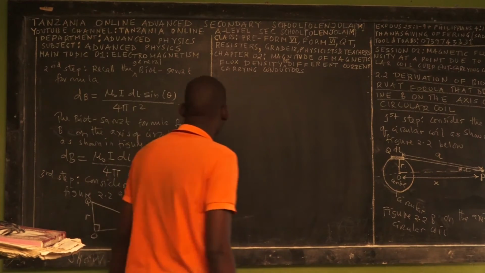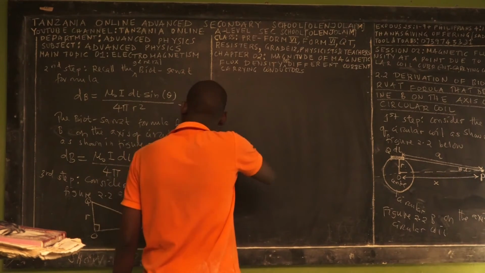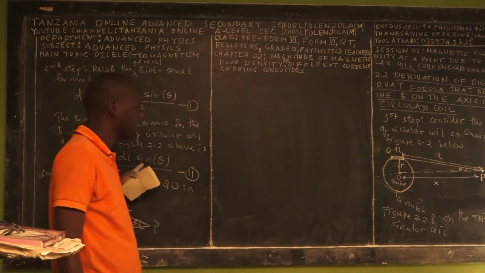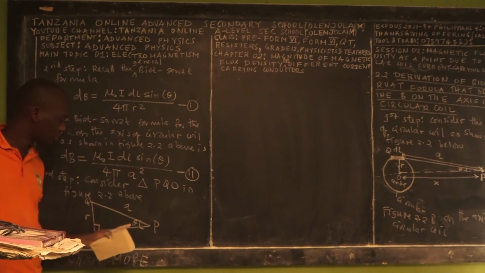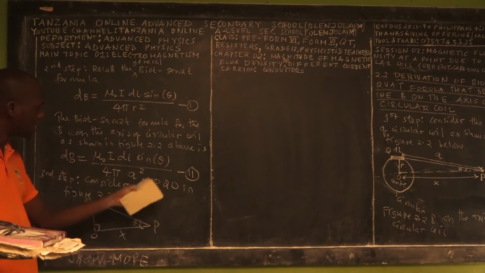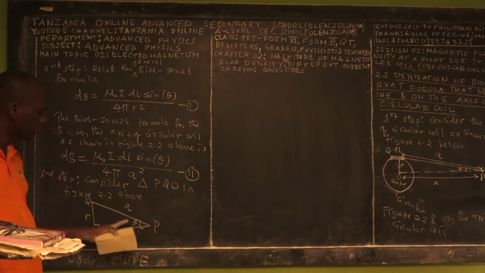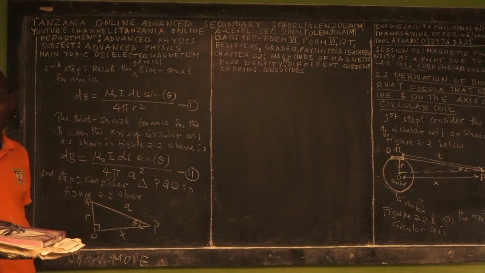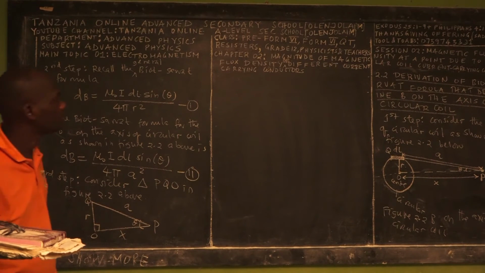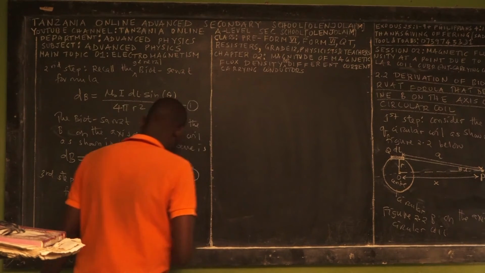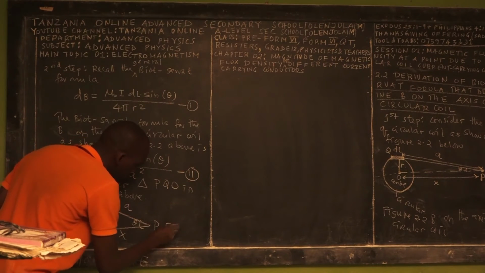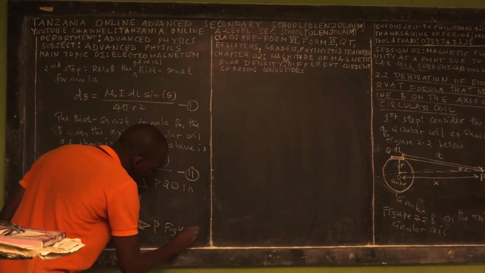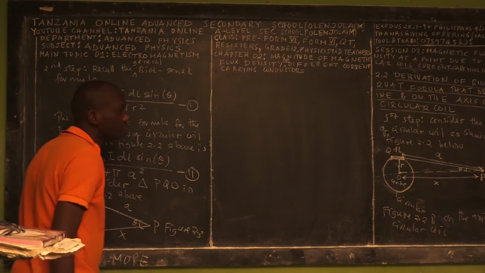Okay, so in the general formula we have sine of angle theta. This right angle triangle can help us to know the angle theta in terms of the sides of the triangle. So this will be figure 2.3.